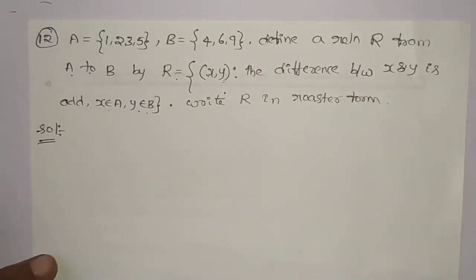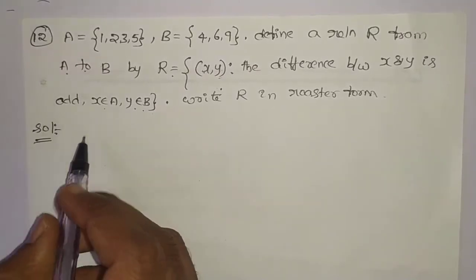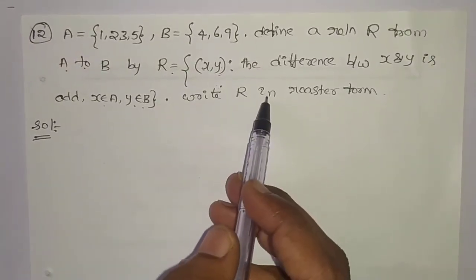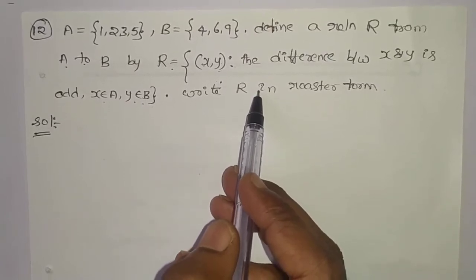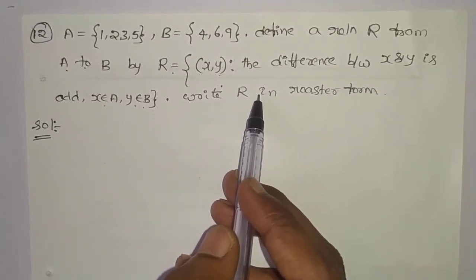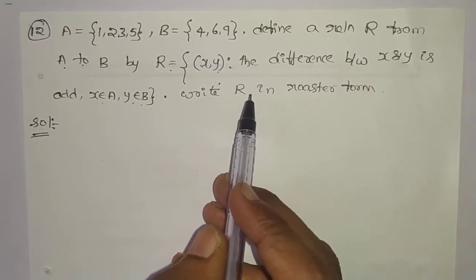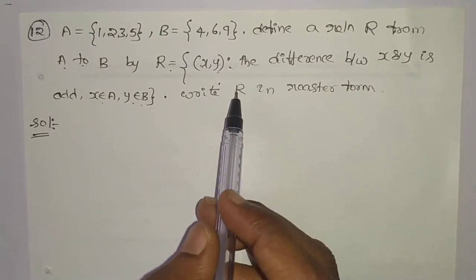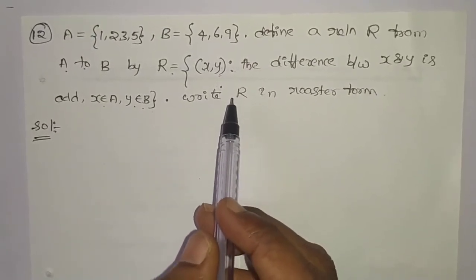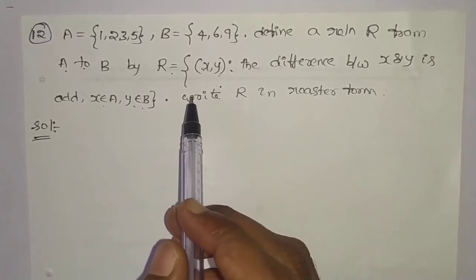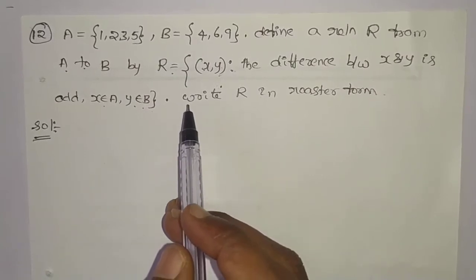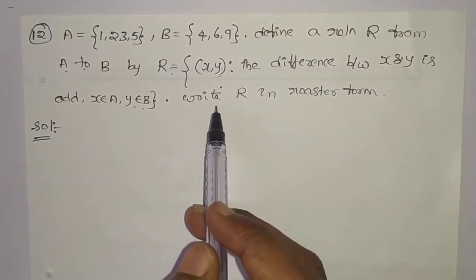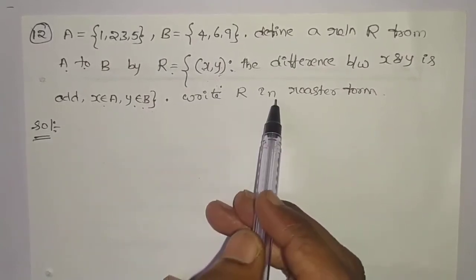See, I have one thing: you can directly write this relation in roster form without writing the Cartesian product of A and B. If you don't find the Cartesian product of A cross B, you may find it very difficult to write this relation in roster form.